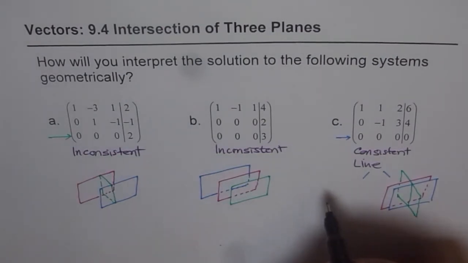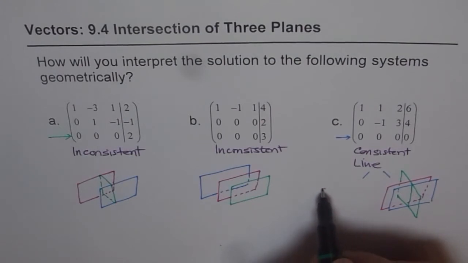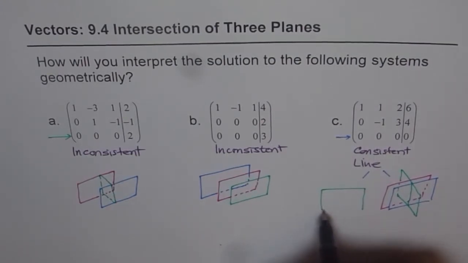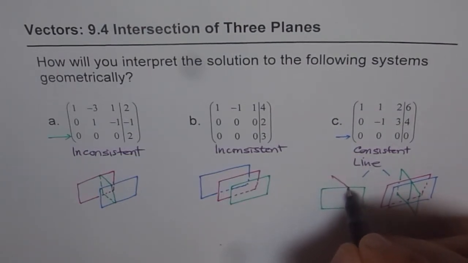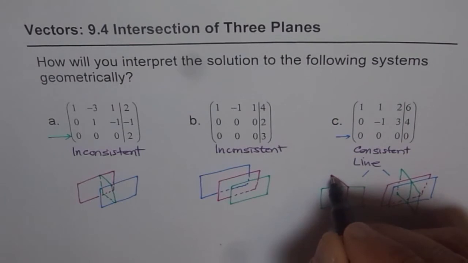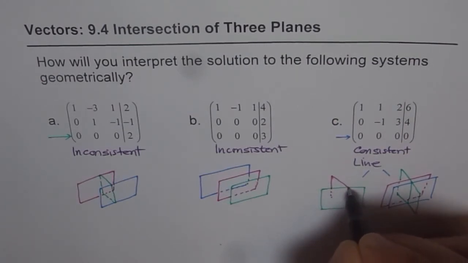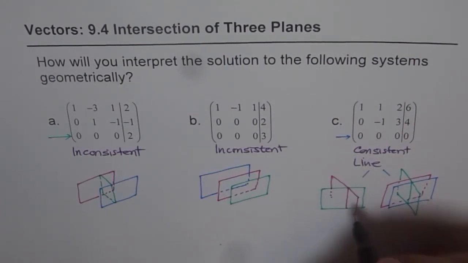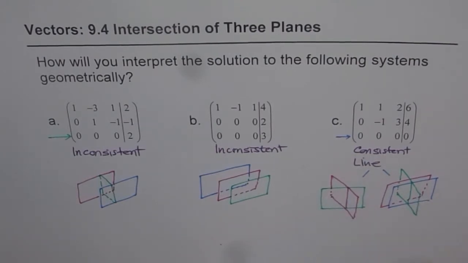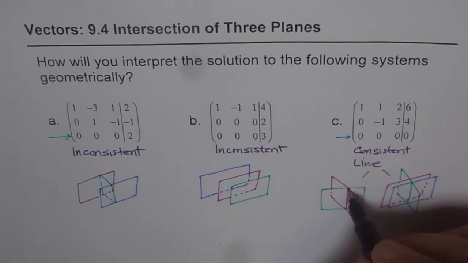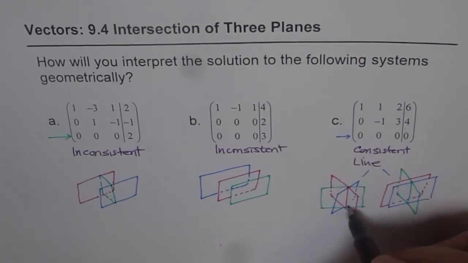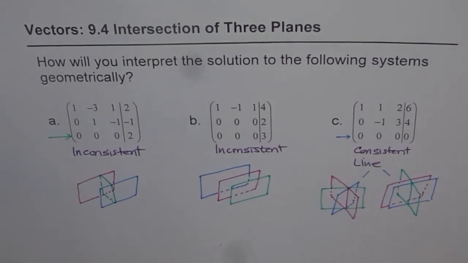Or it could be that there are three planes which cross one another, like I'm showing here, from the same point. So we have three planes here. We can just cross them like this. So three planes intersect in a line.